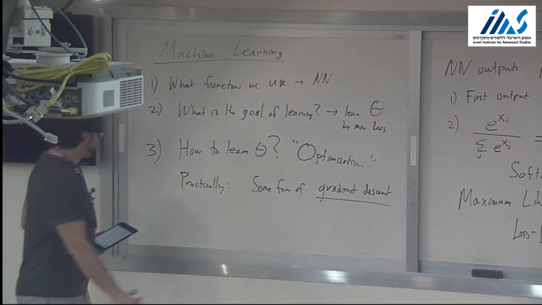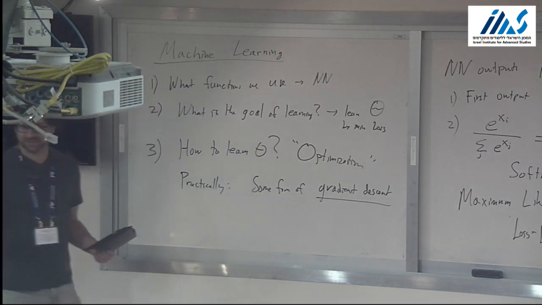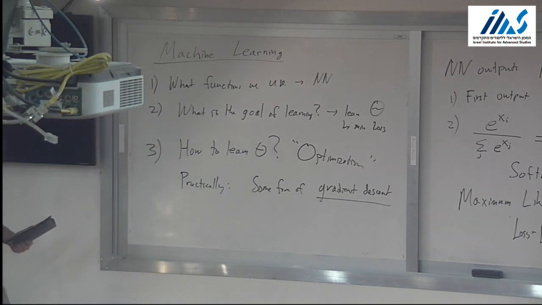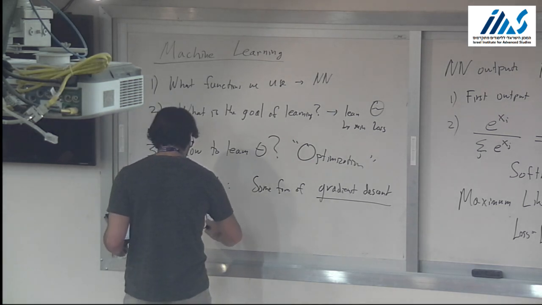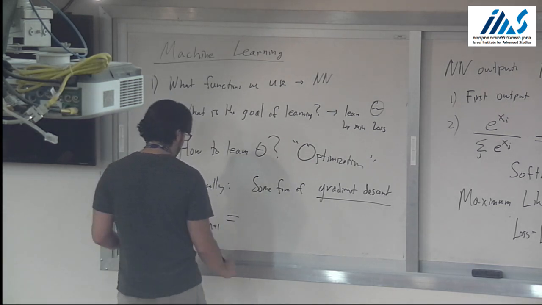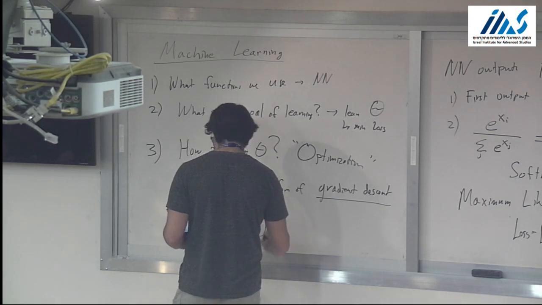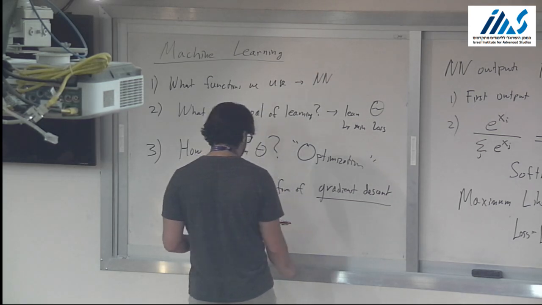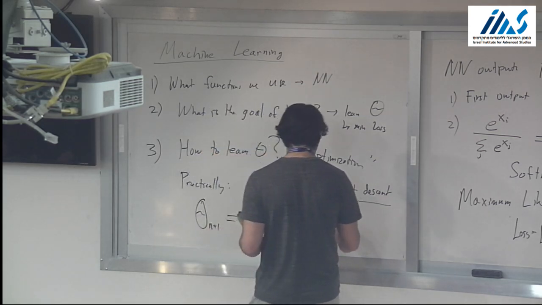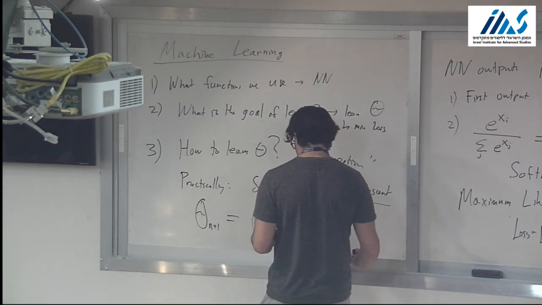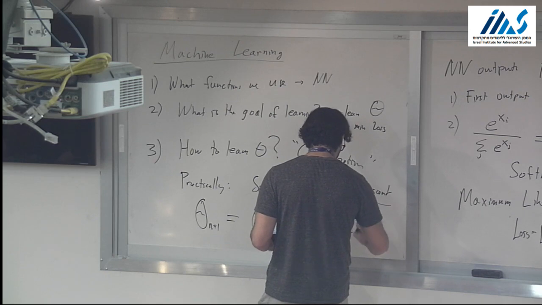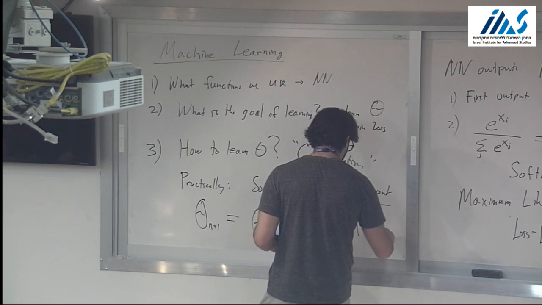Which means that we discretely update our parameters theta. So we have some theta, and the n plus 1 value of theta is theta n, in the simplest case, minus epsilon times the derivative of the loss with respect to theta, which depends on theta and also on the data.